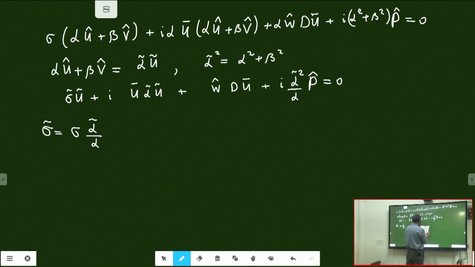And well, we did this trick here, so we might as well do the trick here. So we will introduce alpha tilde divided by alpha p hat is equal to p tilde. And then this becomes p tilde.